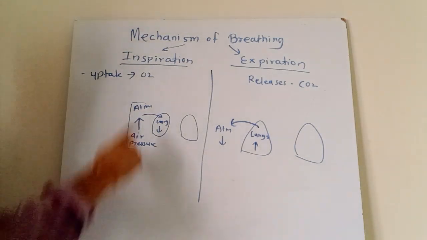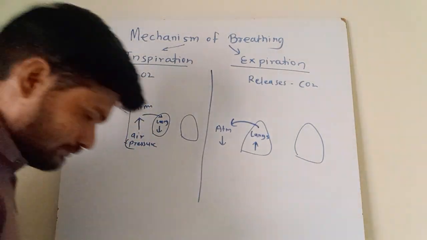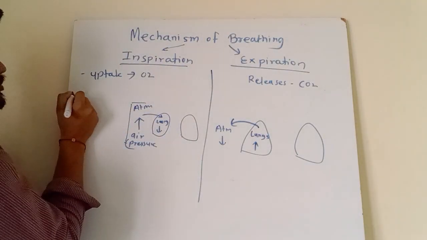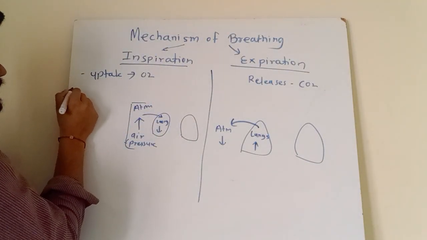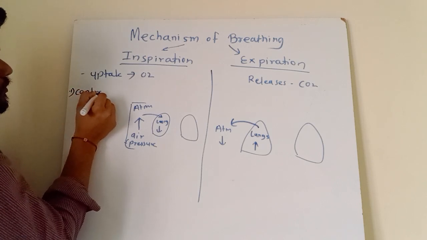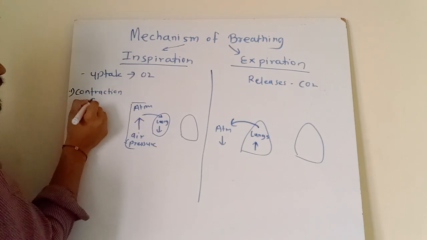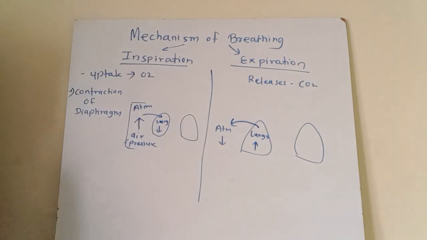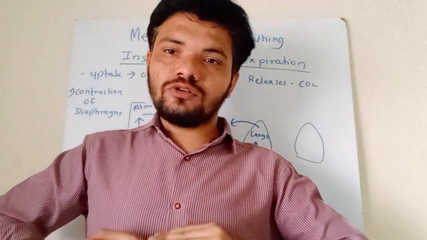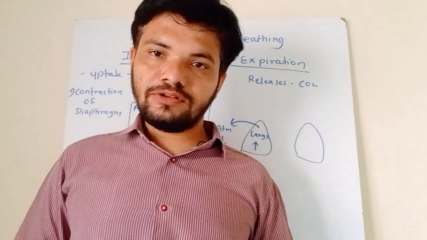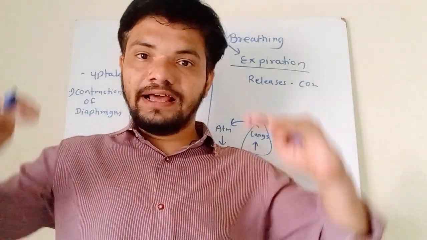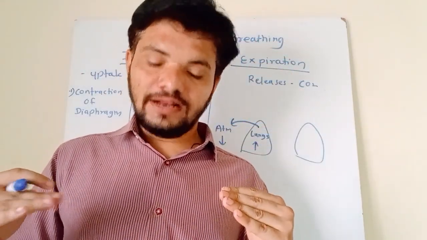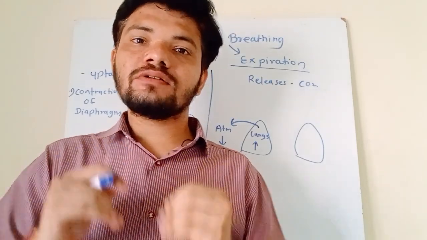Your inspiration is initiated by the muscle called the diaphragm. So the first step is contraction of the diaphragm. Your diaphragm is a dome-shaped muscle present under your lungs, attached to the rib cage or thoracic chamber. When it contracts, what happens?